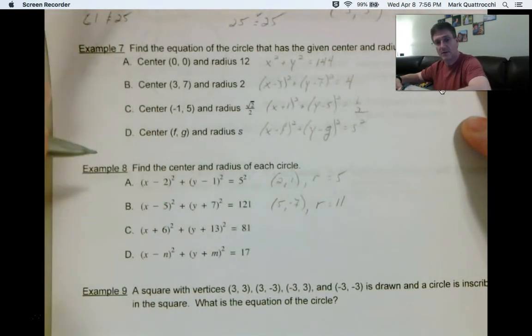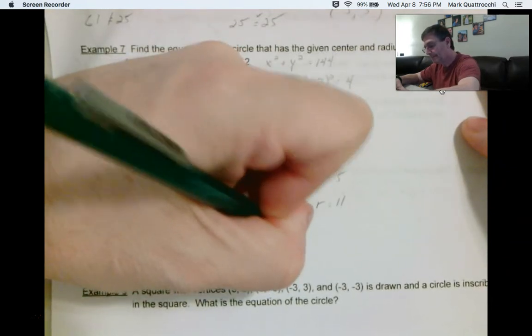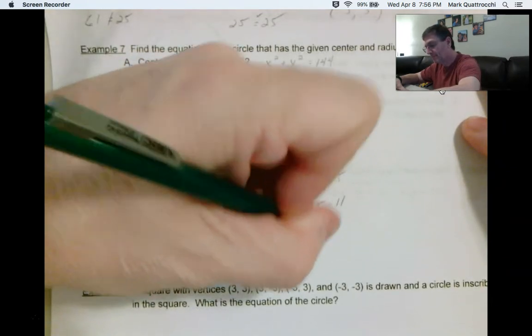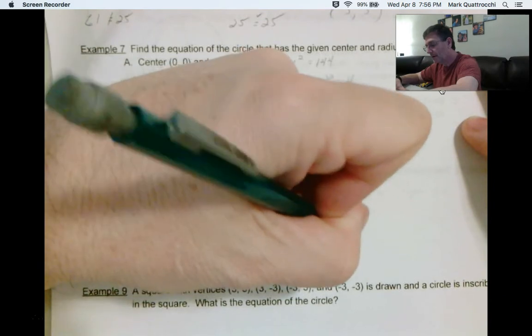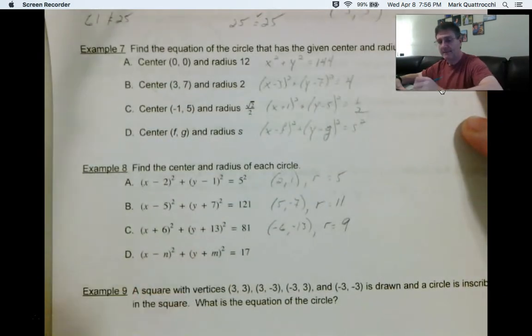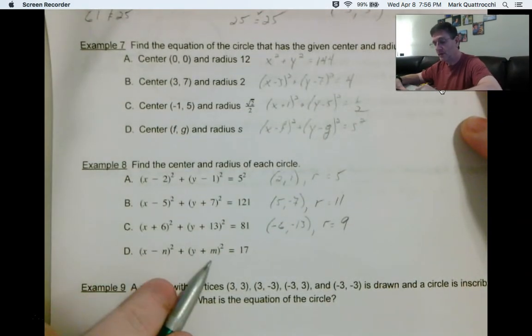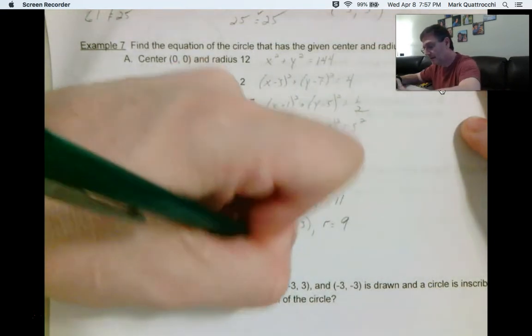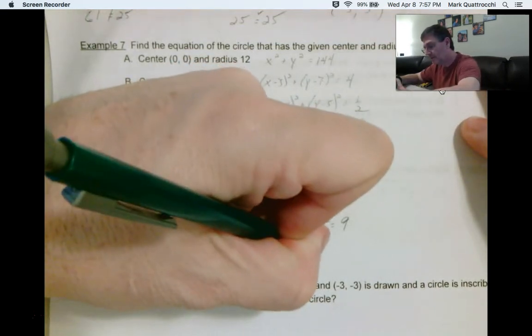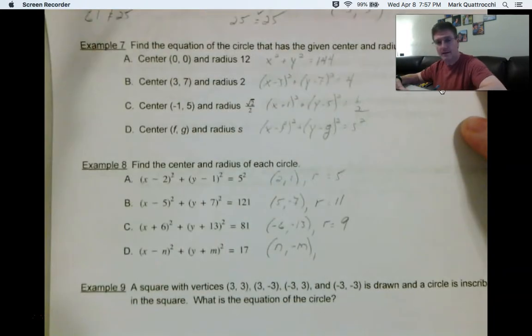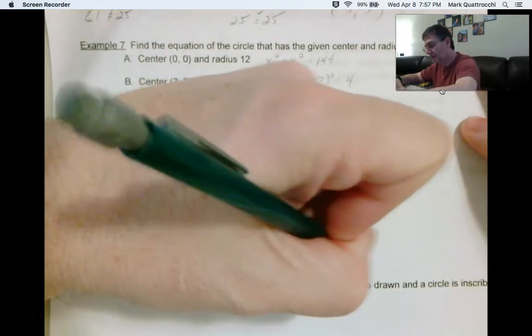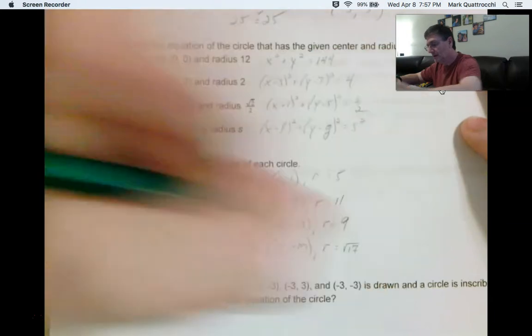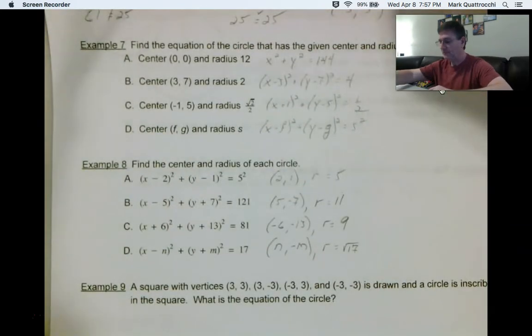Center negative 6, negative 13, r equals 9. And center n, negative m, and r equals the square root of 17. That's part D.